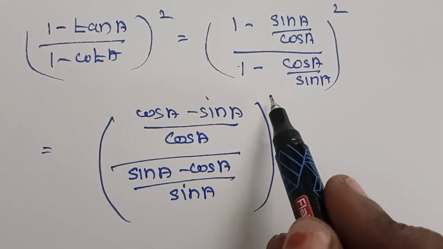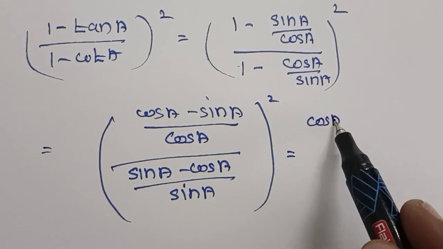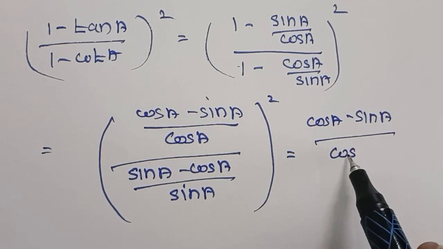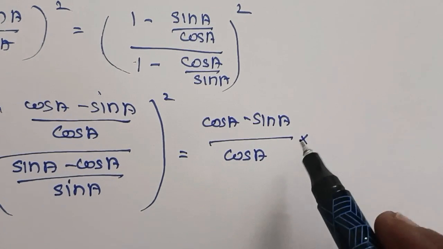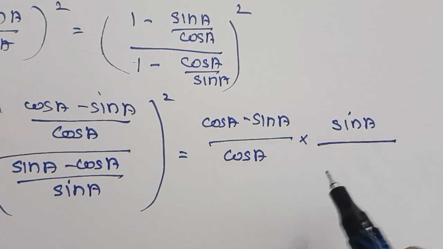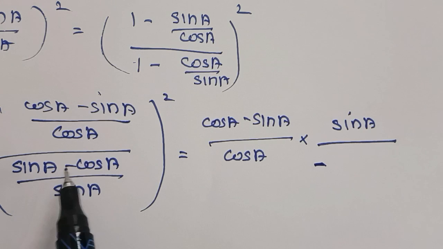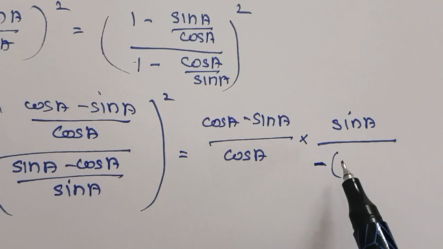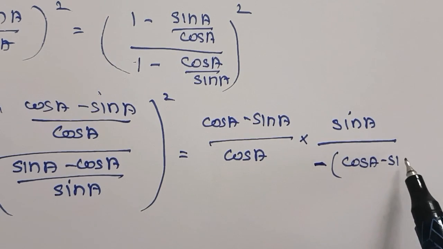Now taking the reciprocal, we get cos A minus sin A divided by cos A into sin A by the denominator. We can change this sign, take minus outside: instead of sin A minus cos A, we can write minus of cos A minus sin A.